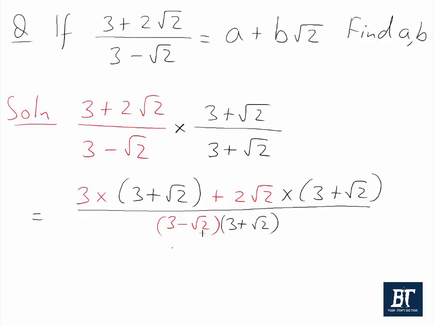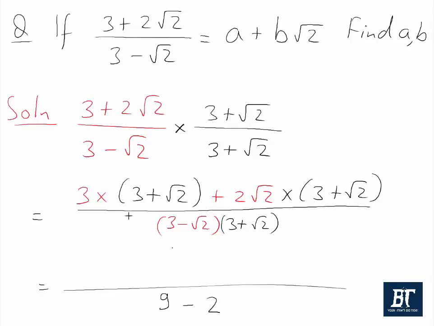Now this is a minus b and a plus b, so you get a square minus b square. So the denominator becomes 3 square, which is 9, minus root 2 square, which is 2.